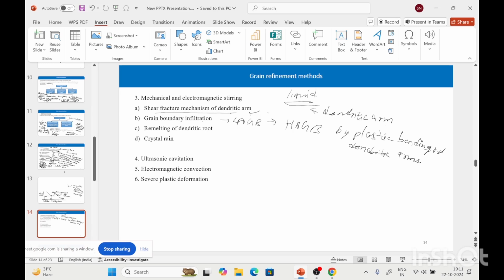So the orientation of grain boundaries will change because of this plastic bending and lead to the formation of high angle grain boundaries.